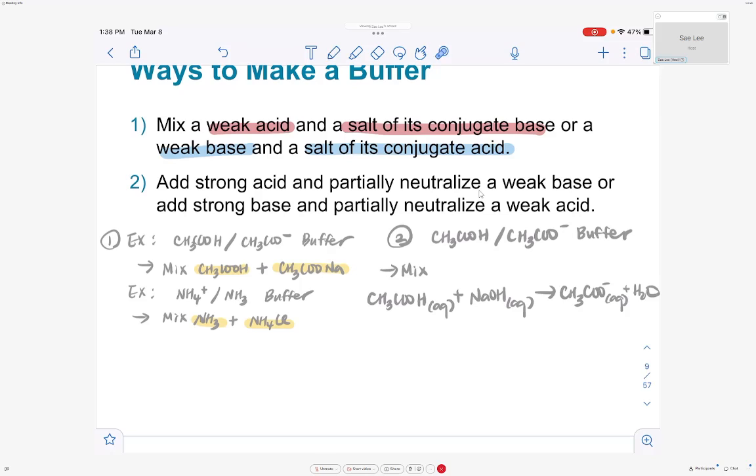The key point here is to add sodium hydroxide just enough to neutralize about half of the acetic acid, because you still want to have acetic acid in the buffer solution. You want a half and half mixture of these.